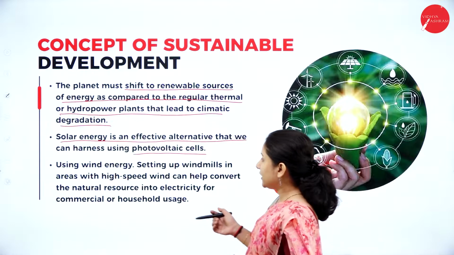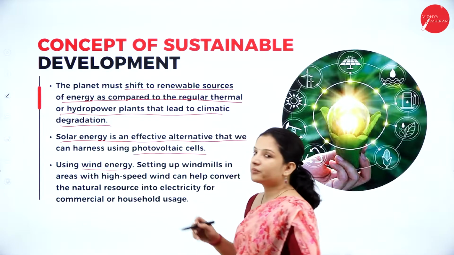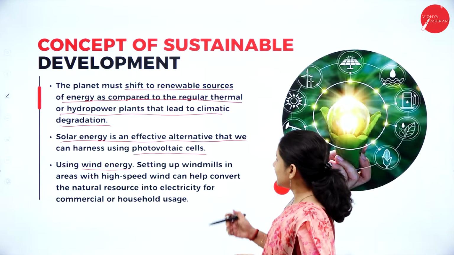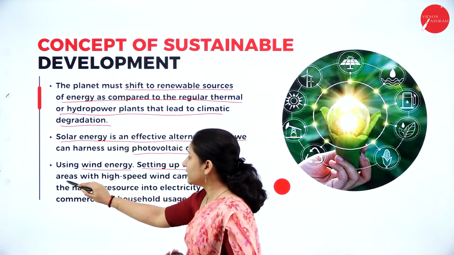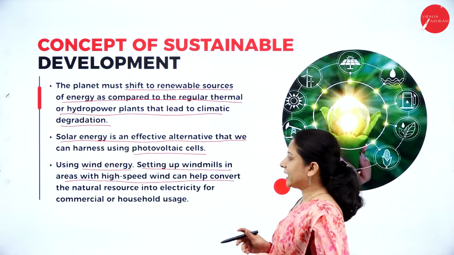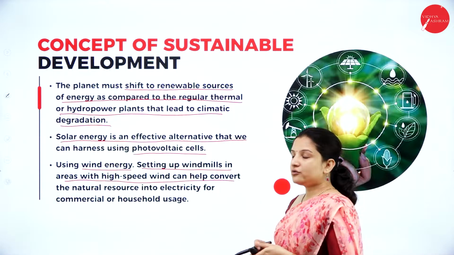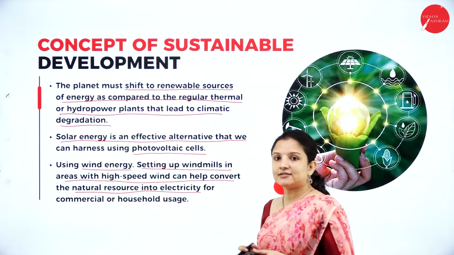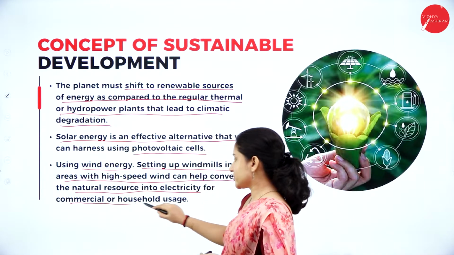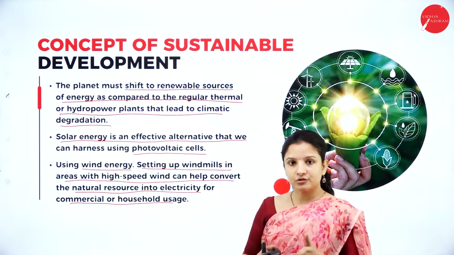And using wind energy is also one of the best alternatives. Setting up windmills in areas where there is high speed wind current circulating most of the time can convert the use of natural resources into electricity for commercial as well as household usages. So we have wind energy also available.